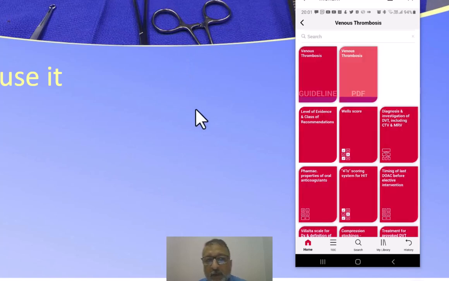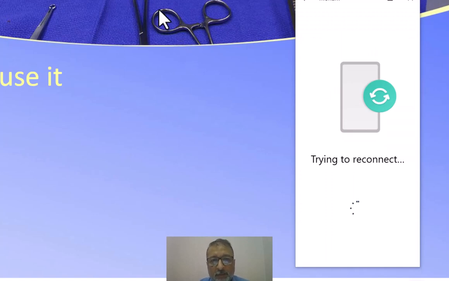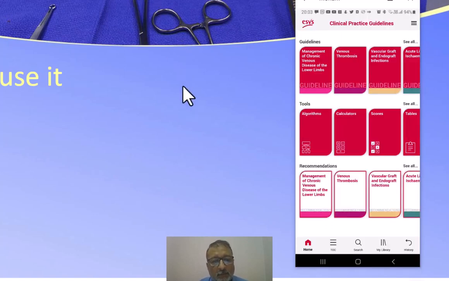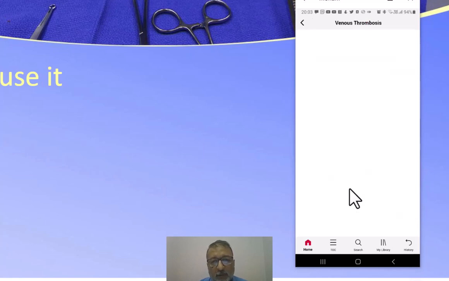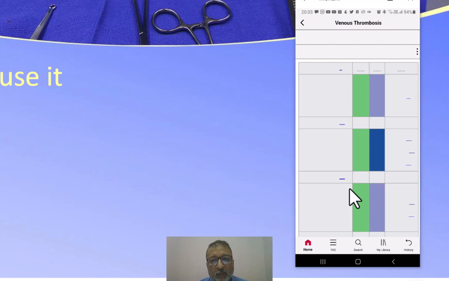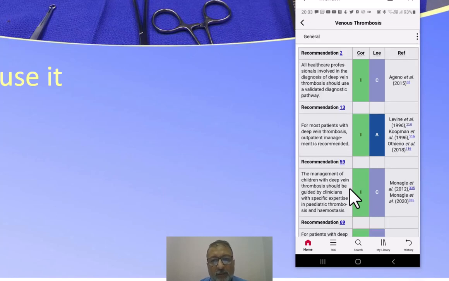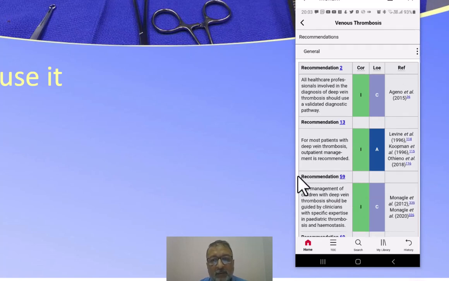Sometimes you don't have time to read the guidelines themselves, so you can go straight away to the recommendations. So if you press on recommendation for venous thrombosis, for example, it will open the 70 or 80 recommendations in the order of their recommendation, their strengths and their category.